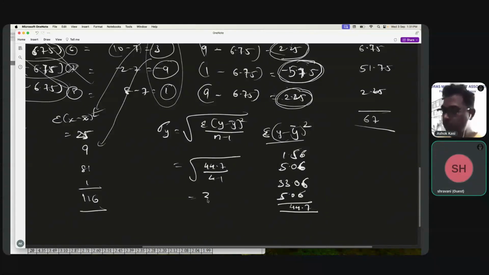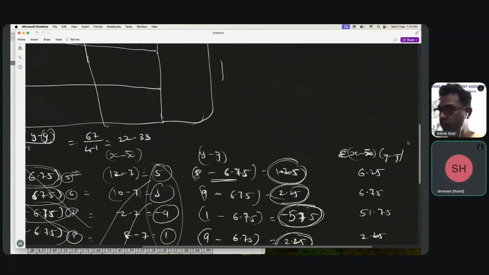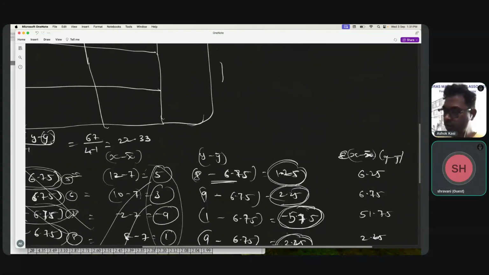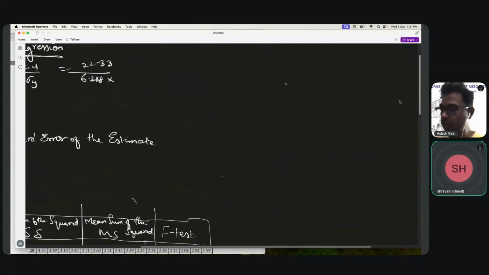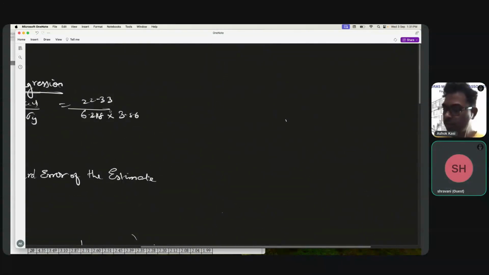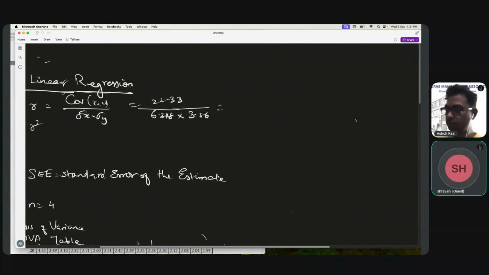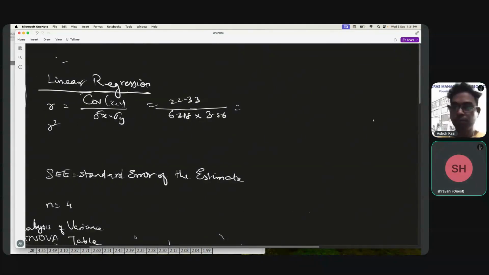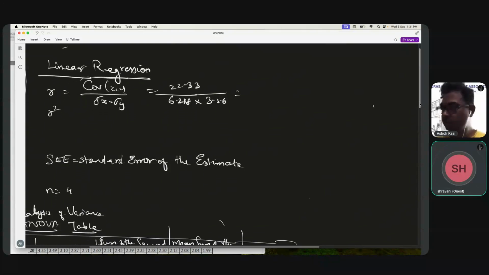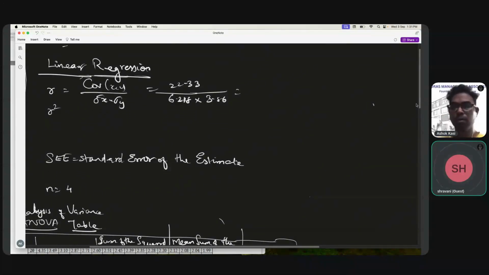Then 3.86. Now you calculate all this. 0.930.